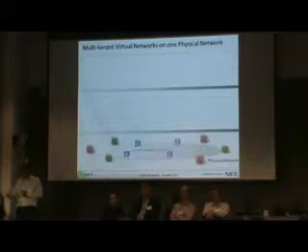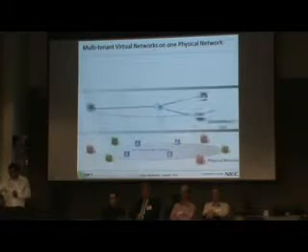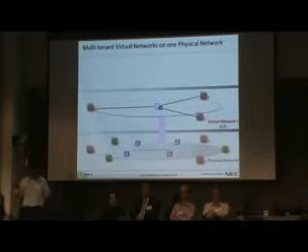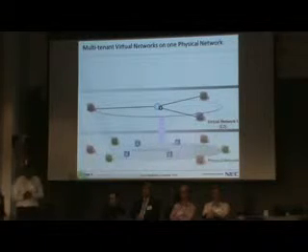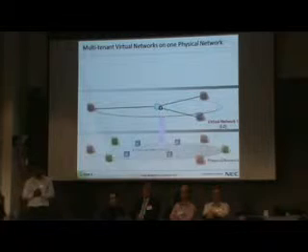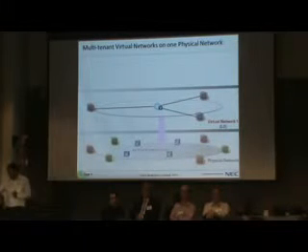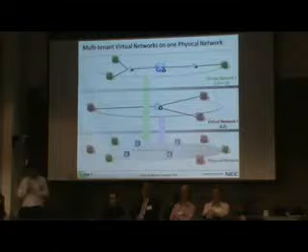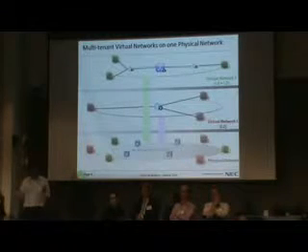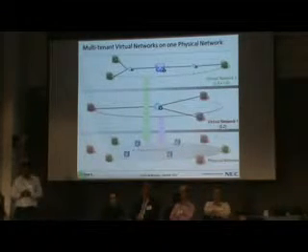Here, if you have a physical network, you can create a virtual network, just a layer 2 network, and deploy it into the same physical network. You can create another network, which can be a layer 3 network for your requirement, and deploy it on the same physical network.